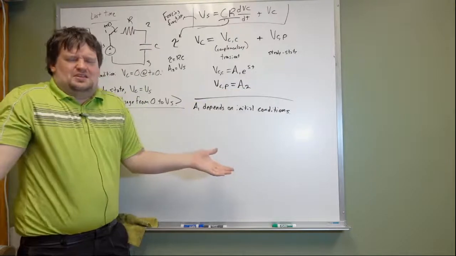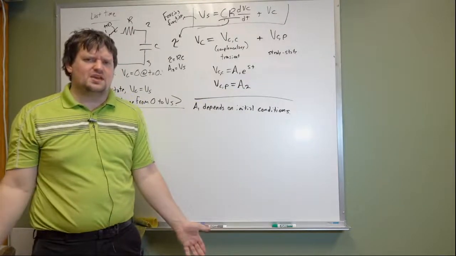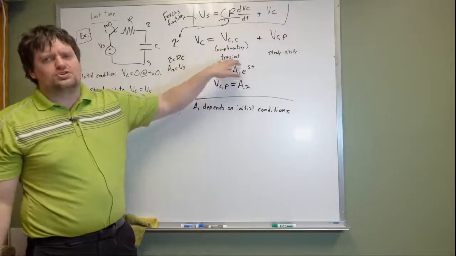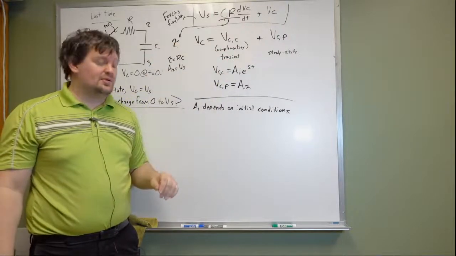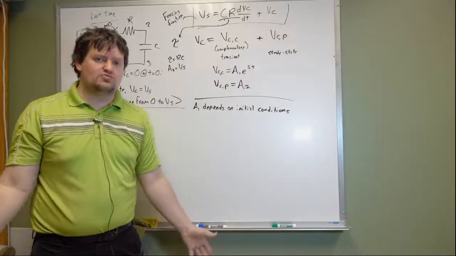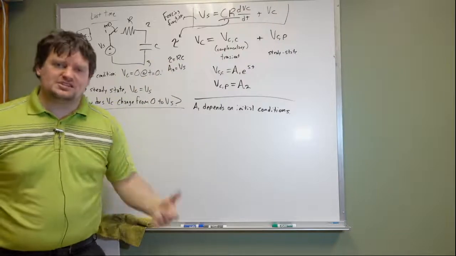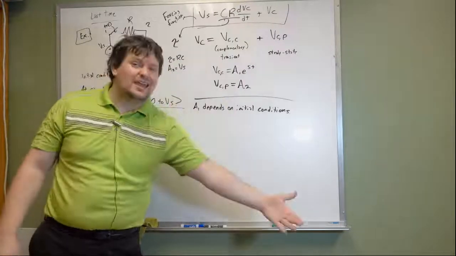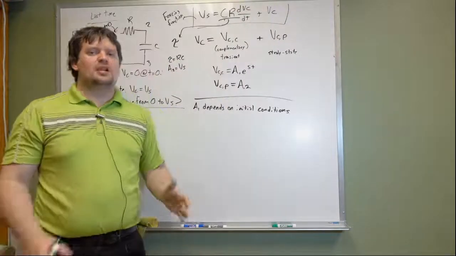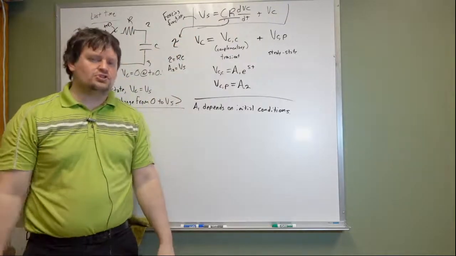That's not going to affect the long-term behavior of the system. The transient portion is impacted by the initial conditions. How far does the system have to move? We solved for the tau value, which is part of S, which identifies how long it takes for the transient portion. But now we need to figure out how far that transient portion is going to go.